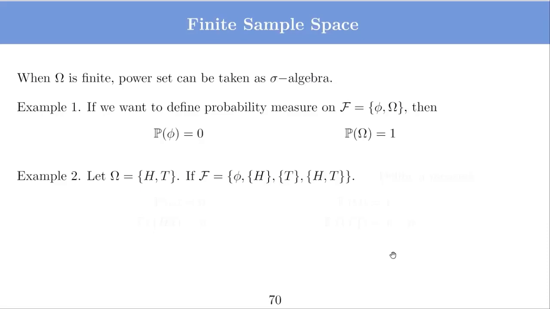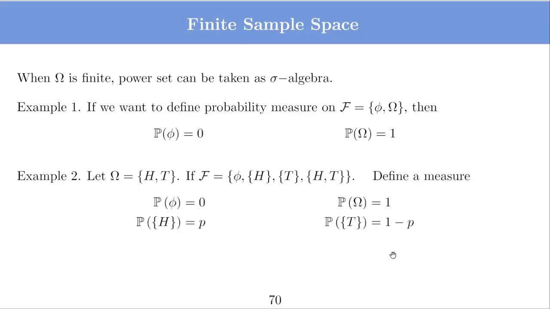We know that probability of {H, T} is 1 because that is complete omega. So now let us start with probability of H. If we define probability of H equal to p, then probability of T needs to be 1 minus p, because probability of {H, T} is equal to probability of H plus probability of T because of disjoint behavior.